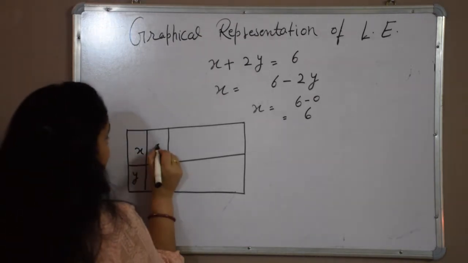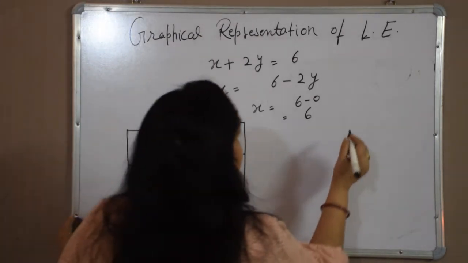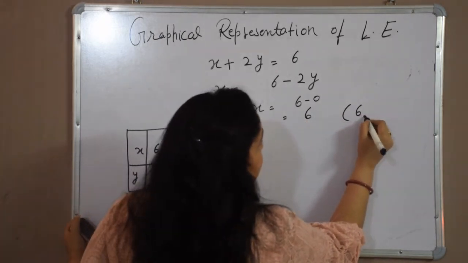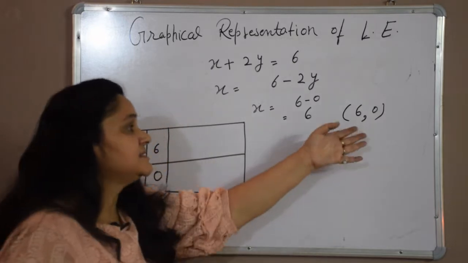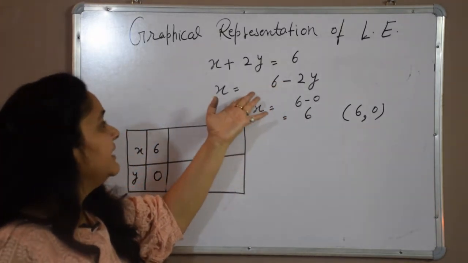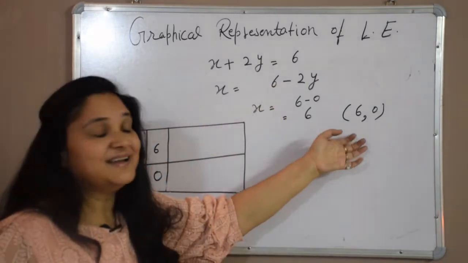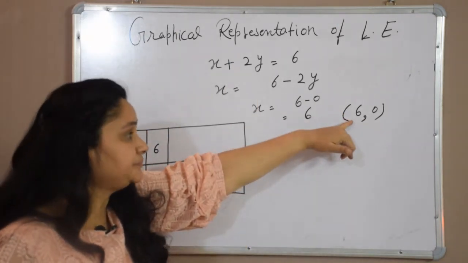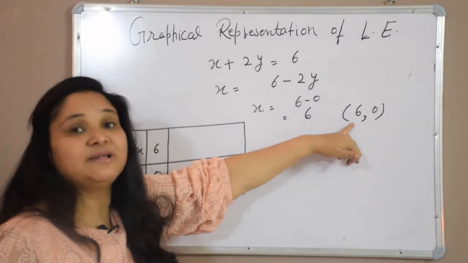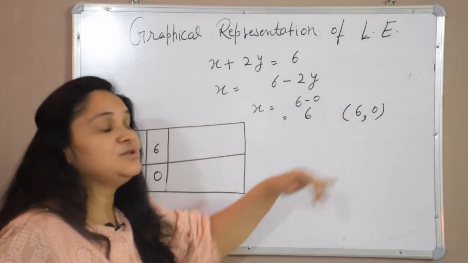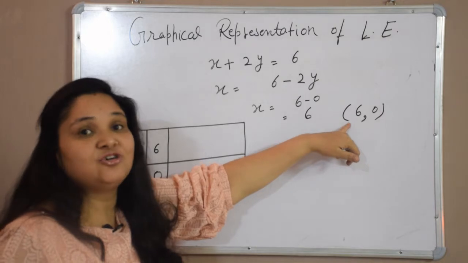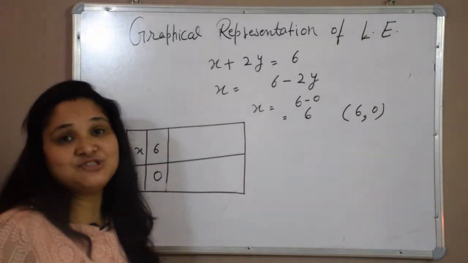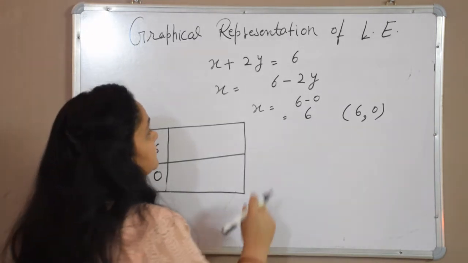So y is equal to 0. Accordingly x is equal to 6, and you can write it as an ordered pair also, but here x is 6, so first you have to write 6. Not like that you are choosing y is equal to 0, first you will write 0. No, order is very important, and the first, this abscissa, is always your x coordinate. Whatever you are choosing for x, that is your x coordinate. So initially I told you what is an ordered pair and how much importance it keeps.